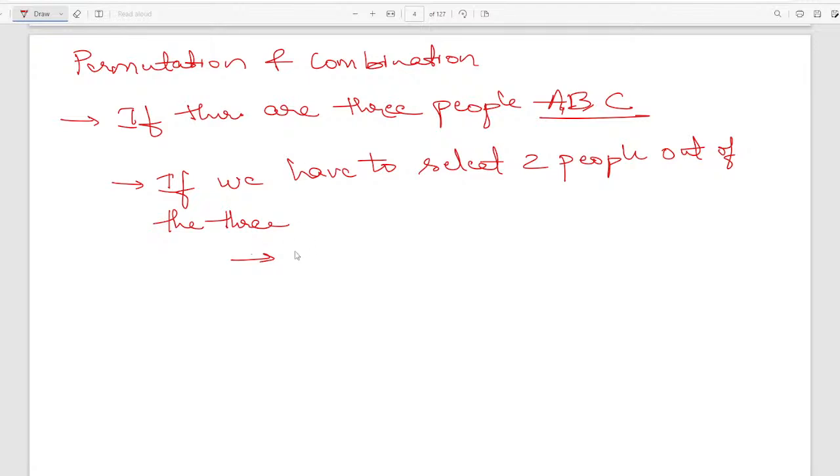In this case, this is called combination. We have to choose 2 out of 3.